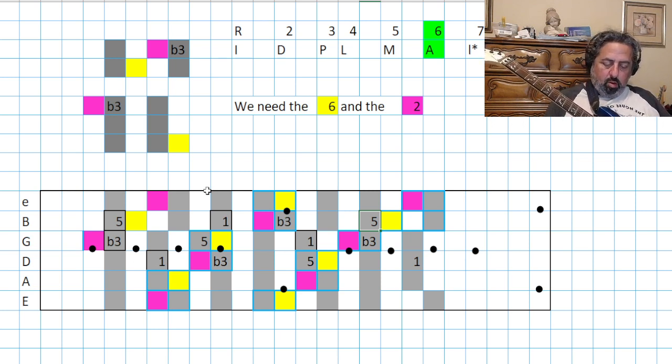Oops. Tried a little bend there on the third.